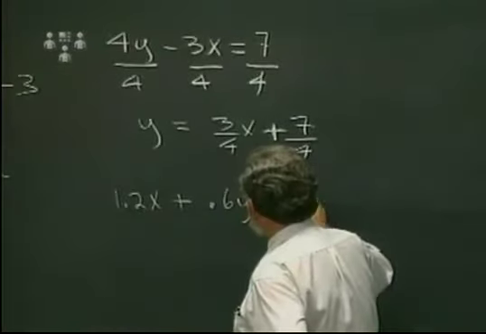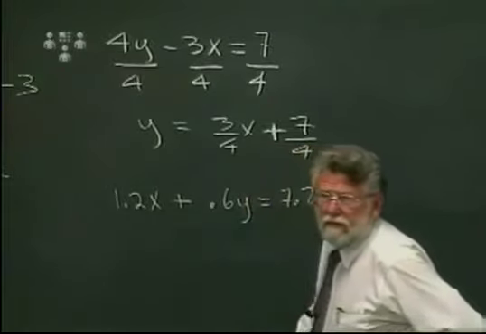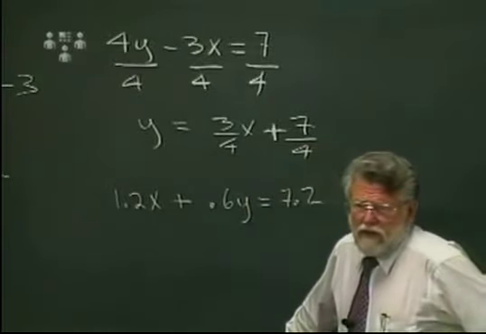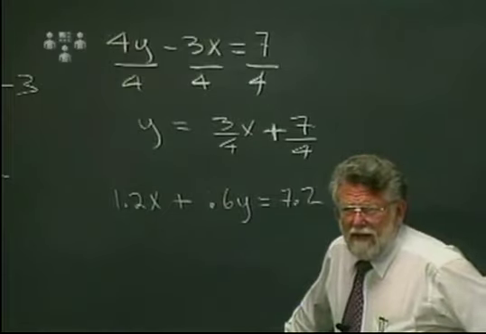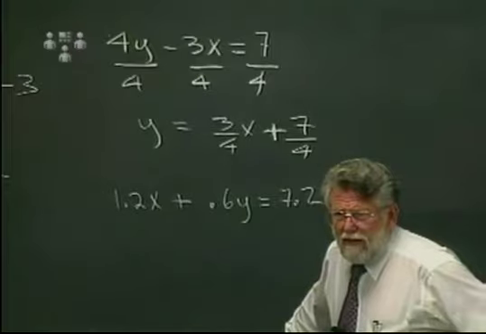And this isn't particularly difficult here, but I'm going to contrast that now to a problem on the board where we had something like this, 1.2x plus 0.6y is equal to 7.2. And then you were to graph it. What did we do with this problem? We multiplied by 10 to get rid of the decimal point.